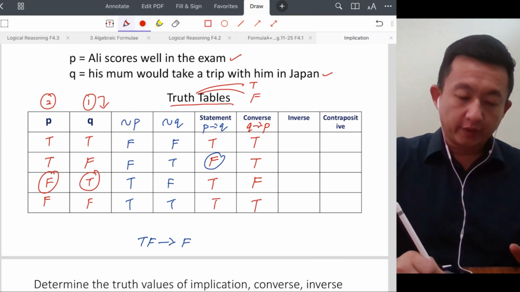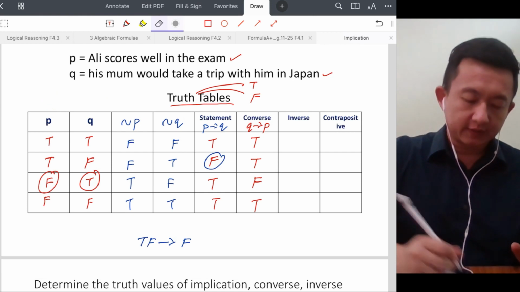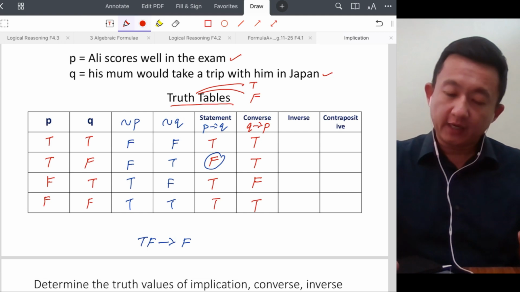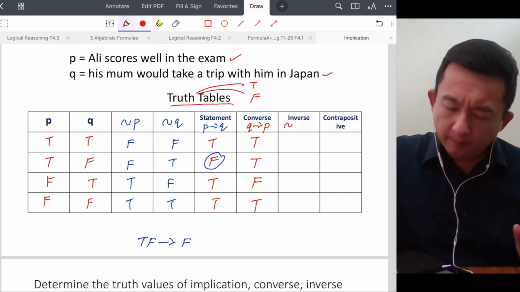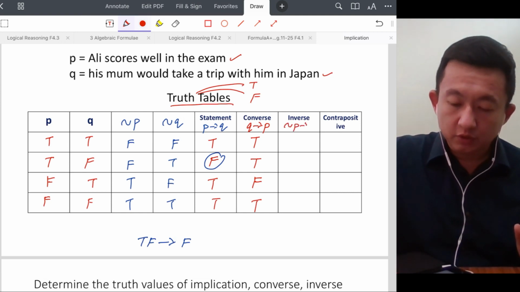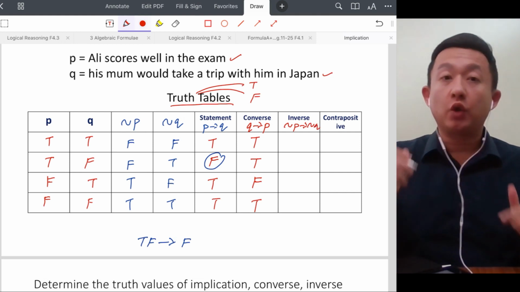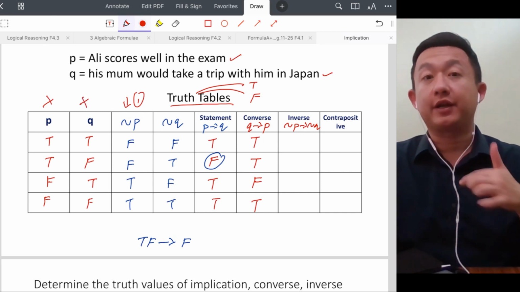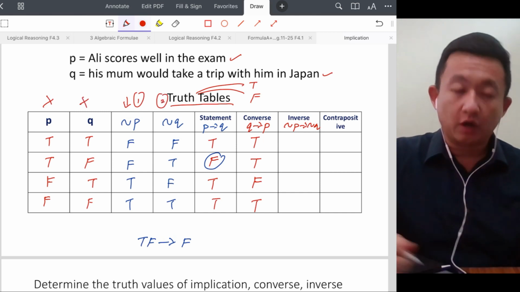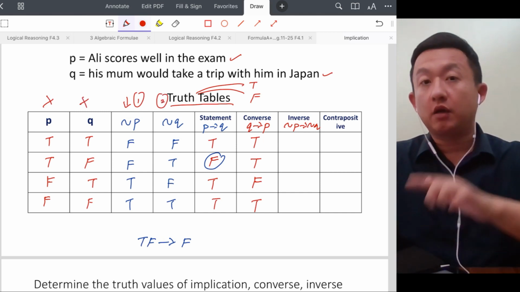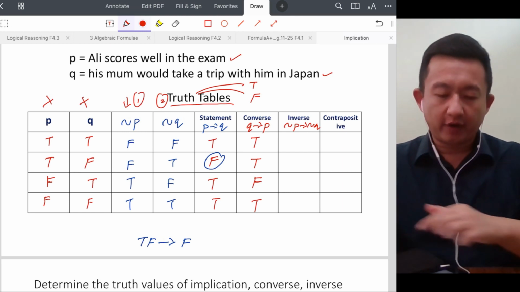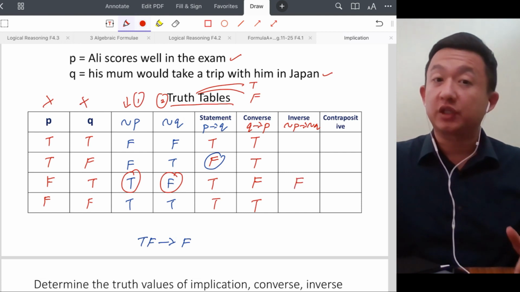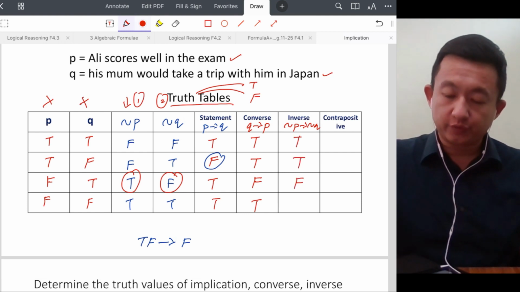And then we go with the inverse, which is not P to not Q. So we look at not P first. No longer about P, Q. We look at not P and then followed by not Q. Which one? T to F, right? TF. So this is the only case which is false, and the rest is true.